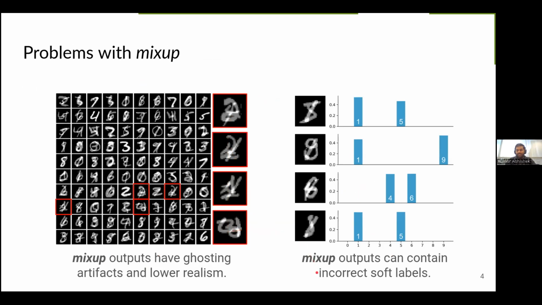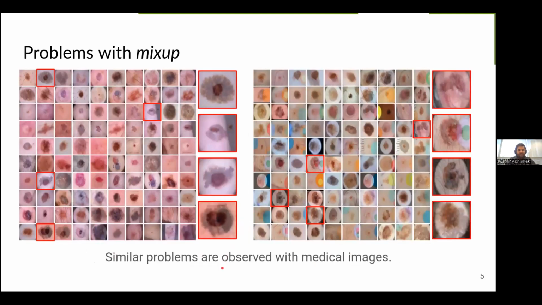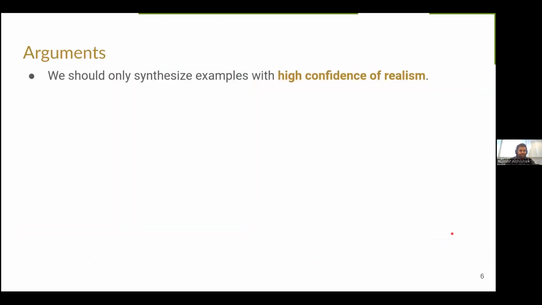And the soft labels of these mixup outputs can often be incorrect. For example, these images look like the digit 8, but their soft labels do not have the class 8 in them. Similar problems are observed when we apply mixup to medical images. Here with skin lesion images, we see that the mixup outputs have a low degree of realism and have ghosting artifacts, as we can see here.